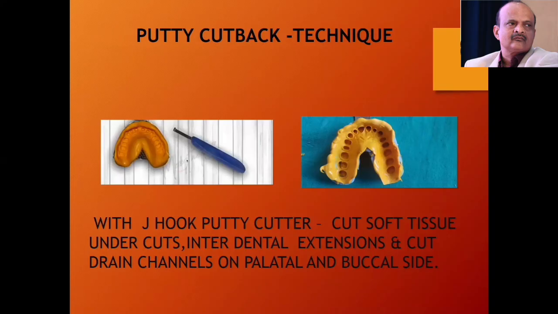This takes time, but it is one of the most accurate techniques. You will ensure the light body wherever it is required, and a good thickness of putty and light body wherever required. So this ensures an effective impression.